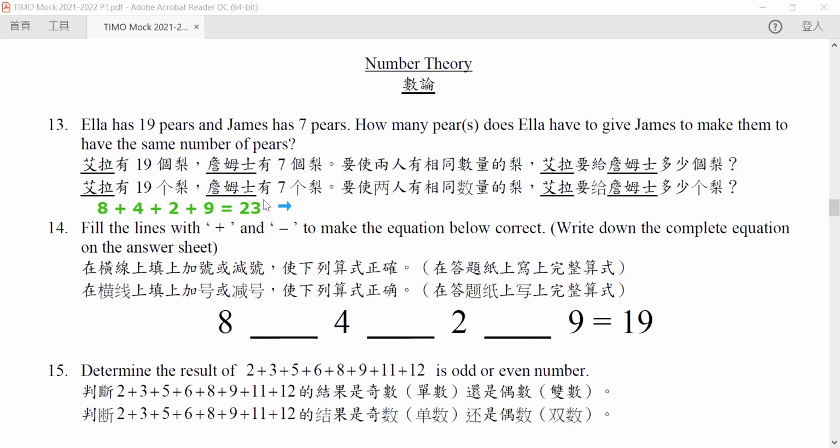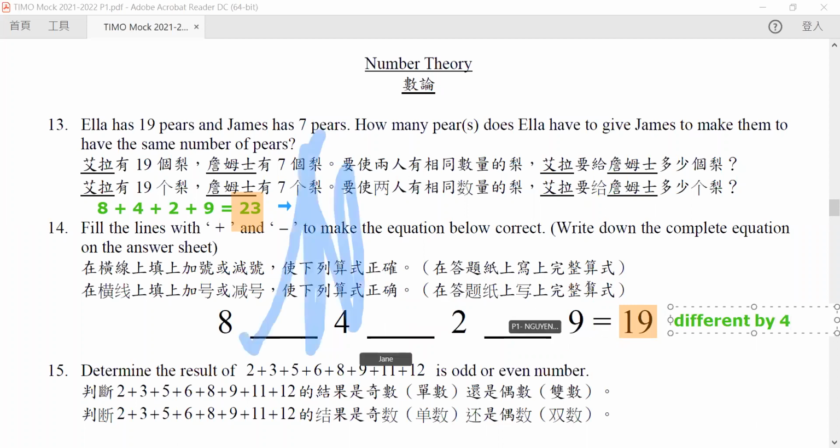Now, in here we can see that the number we get is different from the number we need. They are different by 4.